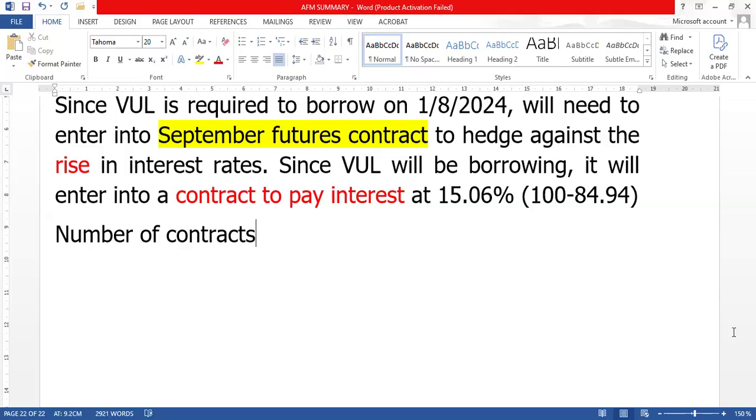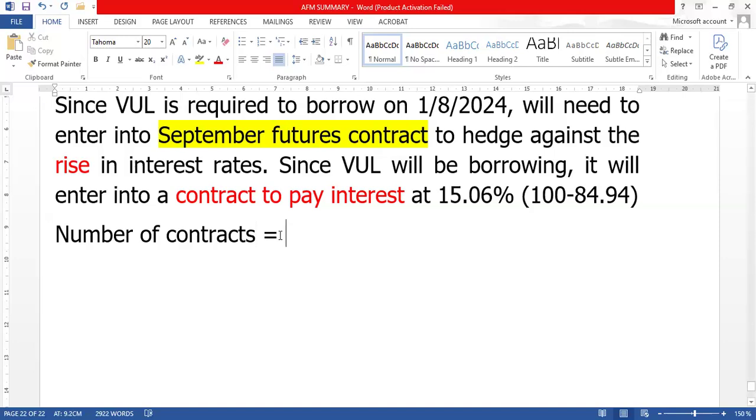That is 15.06%. After knowing that, other things will be easy. And the moment you fail on the first step, all these things will be hard for you. You will not pass. There is no miracle here. So pay attention as you start. So how do you get the number of contracts?